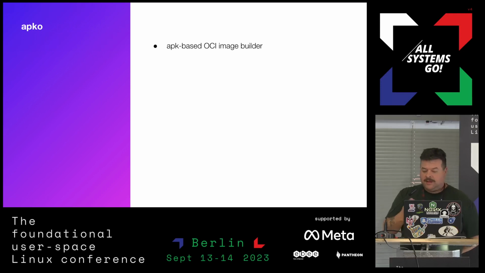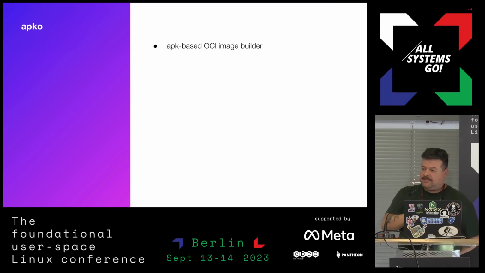We need to build the image itself. We use APKO, and APKO is APK and KO, like a tool that exists in the Go ecosystem that builds an image from the Go code itself. You don't need to use Dockerfiles or whatever. You just point to your repository and run KO, and it's going to output a tiny Go image with your application inside.